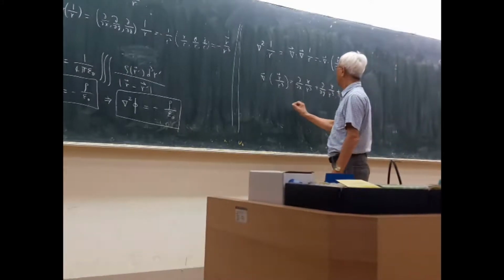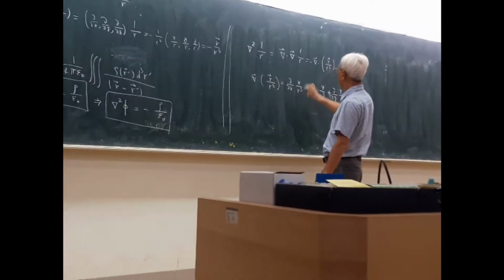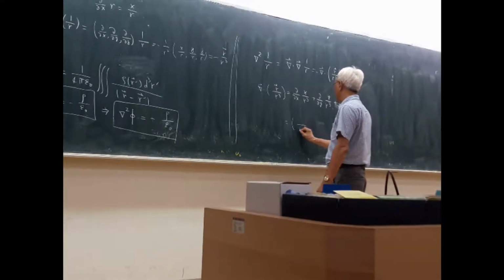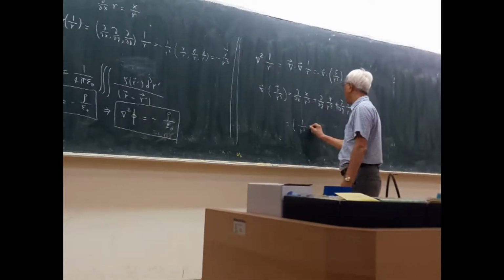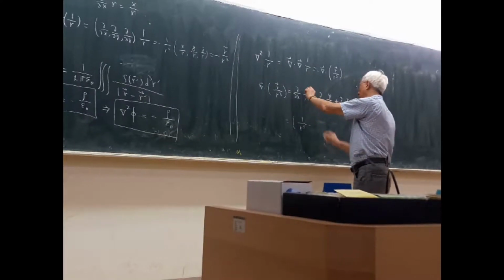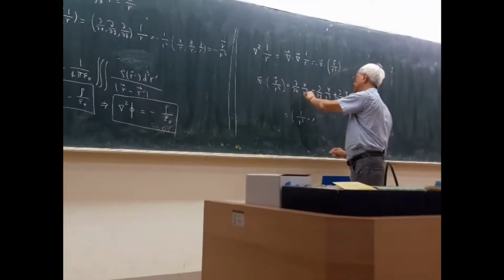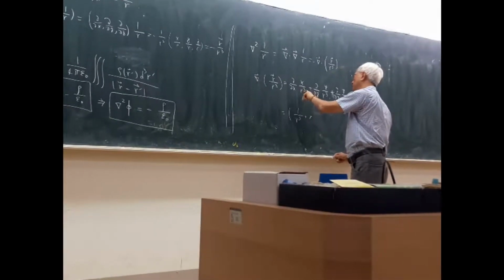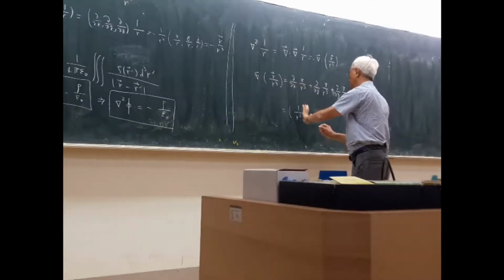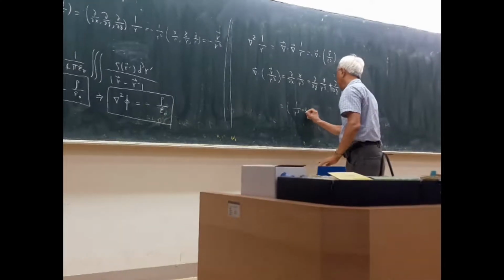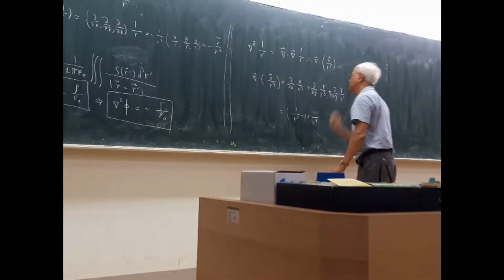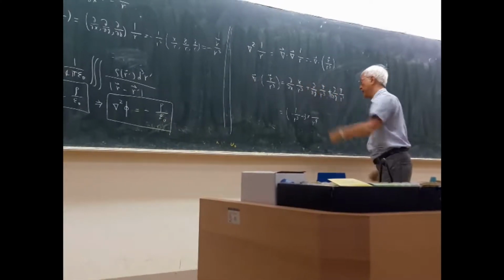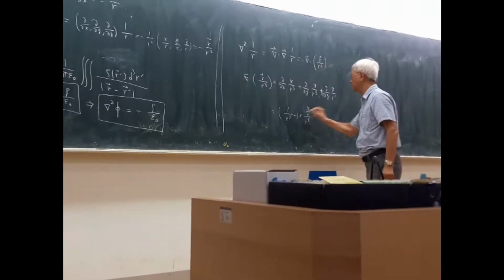When you calculate that, you first differentiate the first term, and that equals 1 over r cubed plus x times the differentiation of r to the minus 3 with respect to r. So that's minus 3 over r to the 4th, and then the partial differentiation of r with respect to x, that's x over r.